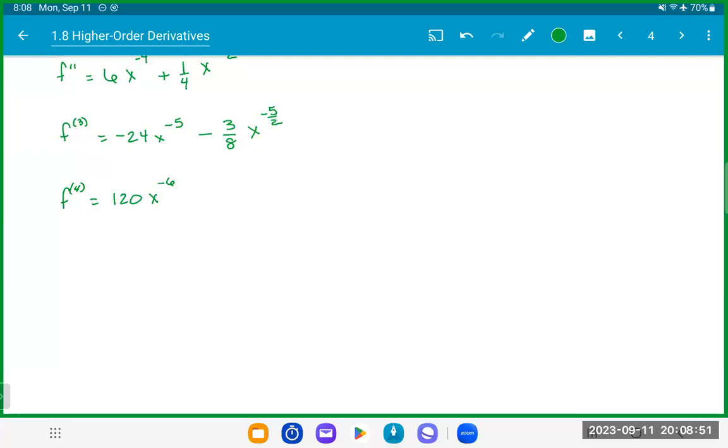And then -7/2 times 15/8 gives the second term, with x to the -9/2. Okay. And since this problem started with negative exponents, we can leave our answer with negative exponents. Questions?